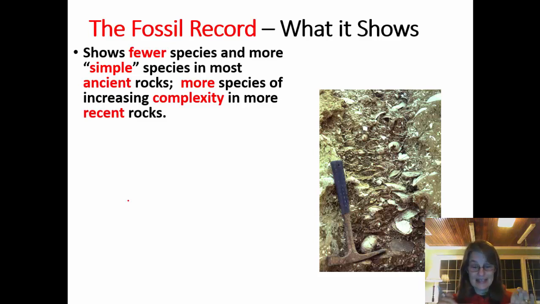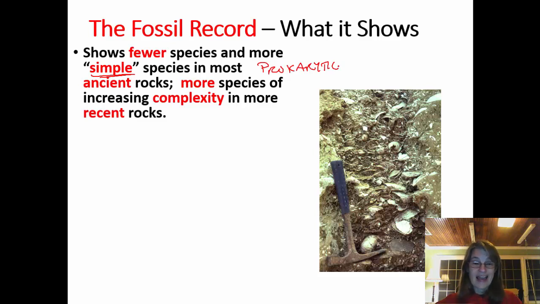Indeed, the fossil record unequivocally shows us that at the beginning there were fewer species, and the species that existed in our most ancient times, as illustrated in our most ancient layers of rocks, were more simple. They were, in fact, prokaryotic, our very first life forms on Earth, as indicated in the rock layers.